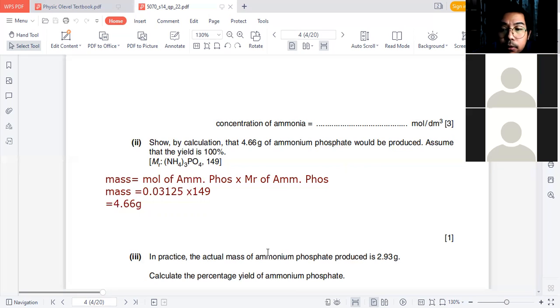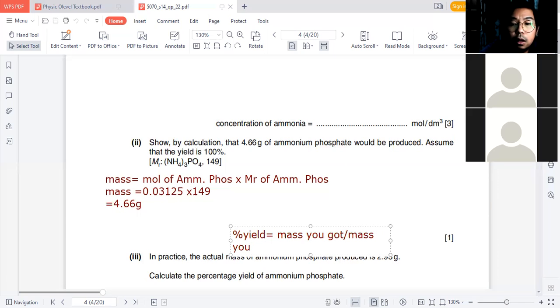I'm going to put it here: percentage yield is equal to the mass you got over the mass you calculated, then times that by 100.